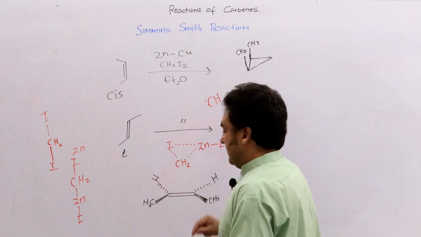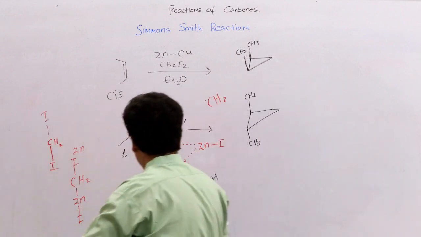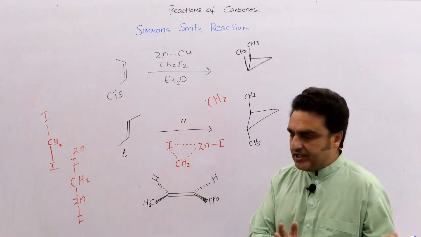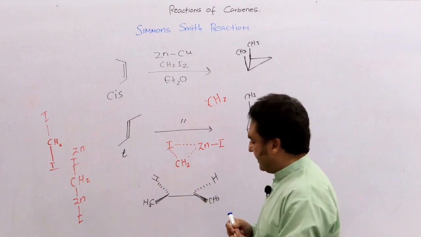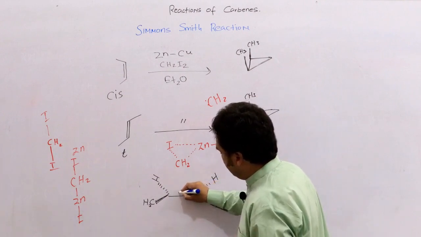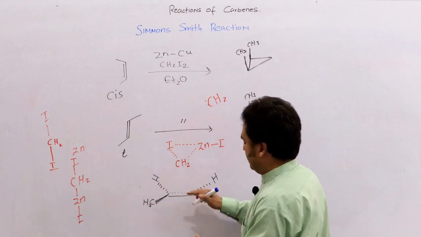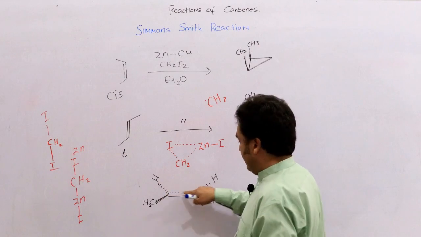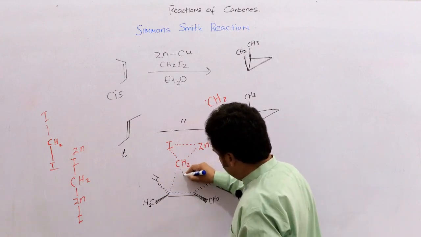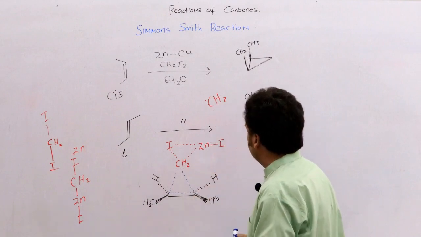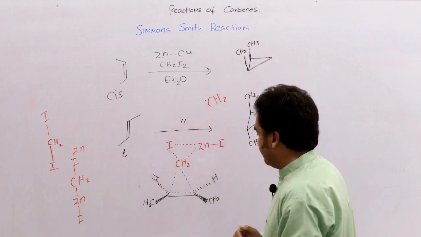Now what will happen? Let me use another pen. I am writing the transition state right now. This bond will be breaking, and another bond will start to form, and this will be finishing. I'll write it as hashed lines. Another bond will be produced like this and like this. Ultimately, this is a cis-alkene, so we get a cis cyclopropane ring.